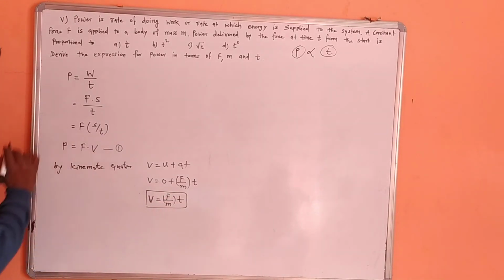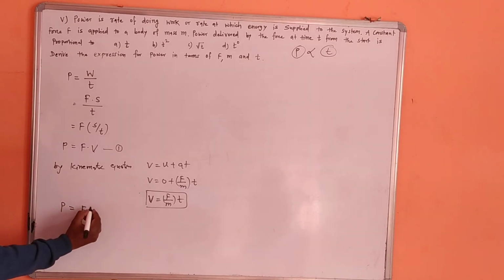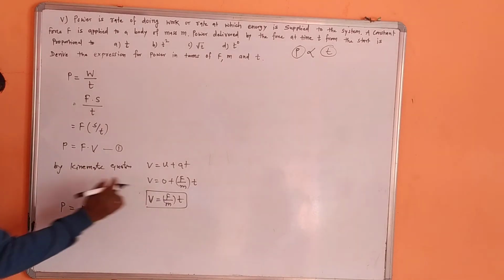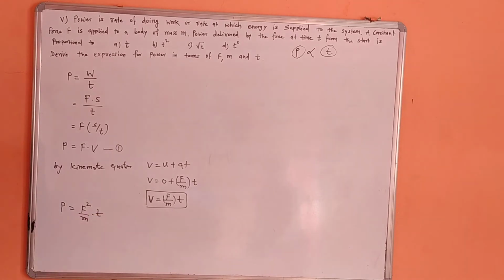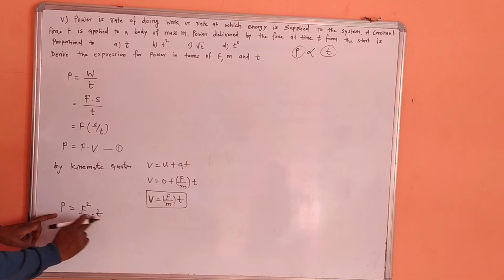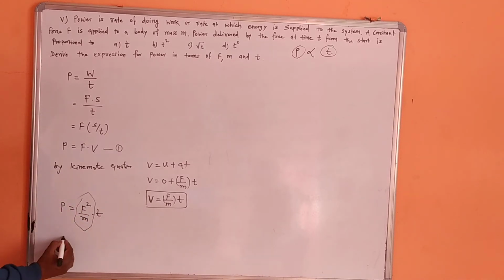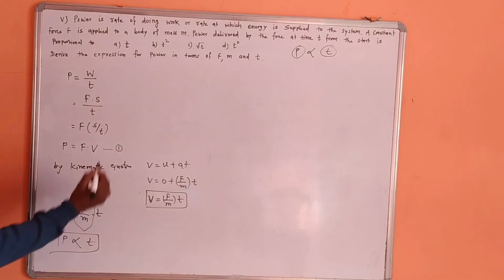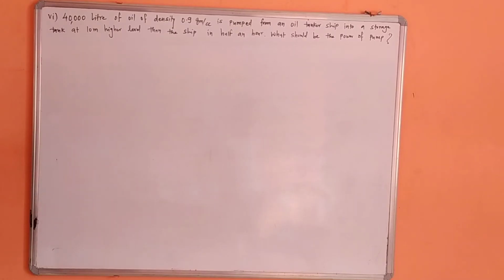Substitute this value in equation 1. What we get? P is equal to F into F upon m into t, that means F square upon m into t. So we require the relation between P and T. We can consider this ratio as a constant. So P is directly proportional to T. So therefore this first option is correct. A option is correct.